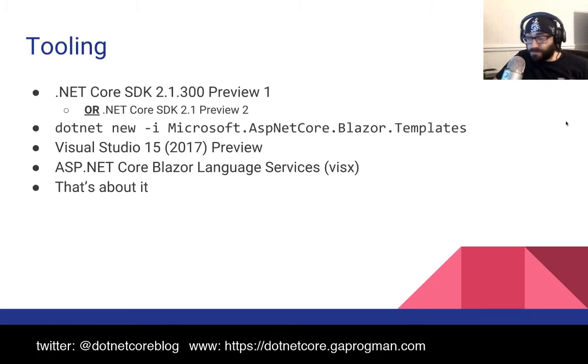If you're on Mac, there will be an update for Visual Studio Mac at some point. Again, it's probably around the time of 0.2 of Blazor gets released. Once that is out, you'll then be able to go File, New, and do stuff in Visual Studio for Mac. You can open the projects with Visual Studio for Mac, but as soon as you hit compile, all hell will break loose.